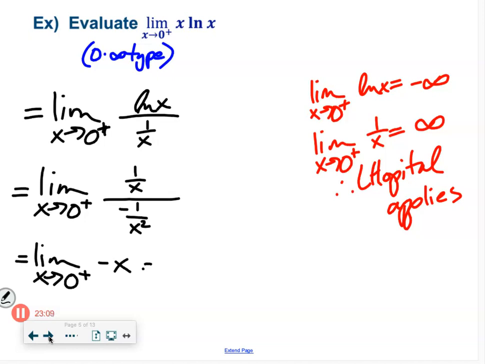So what's our limit? 0. So 0 times infinity: whenever you have 0 times infinity, you're going to have to rewrite as a division problem.